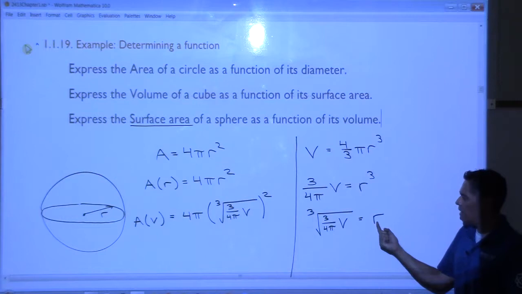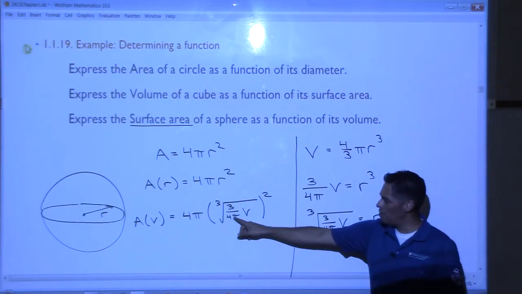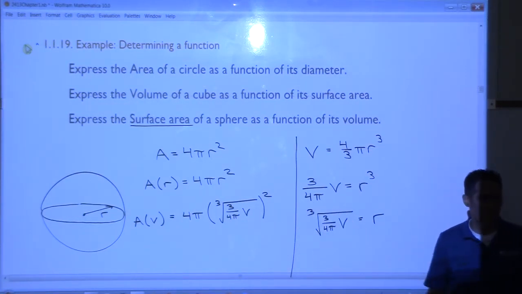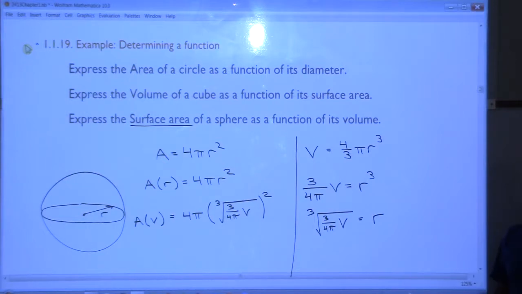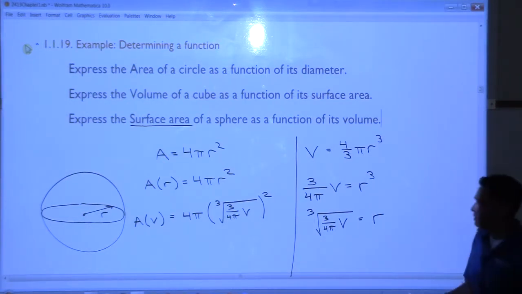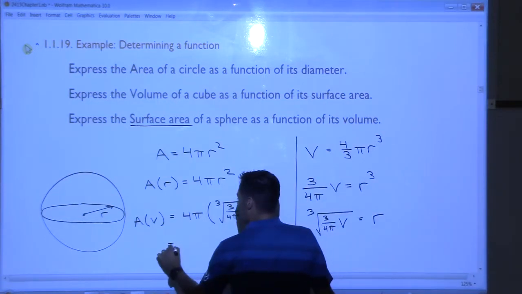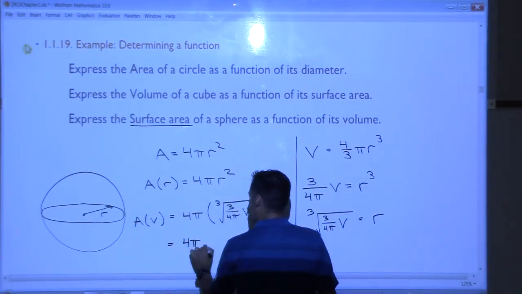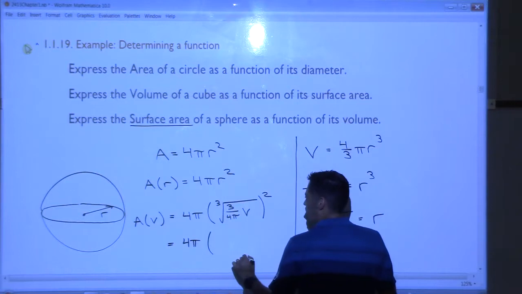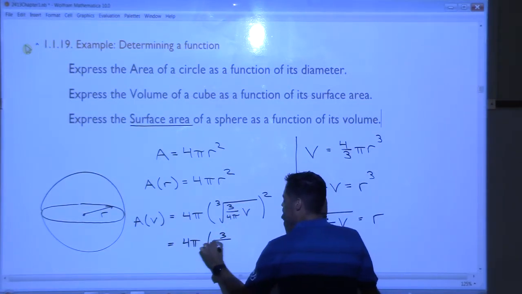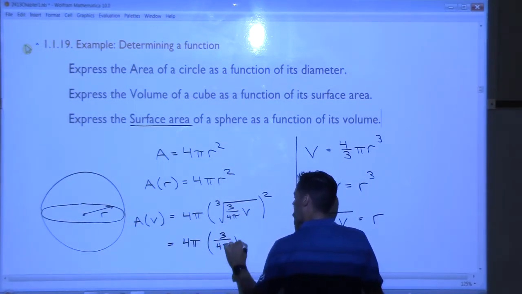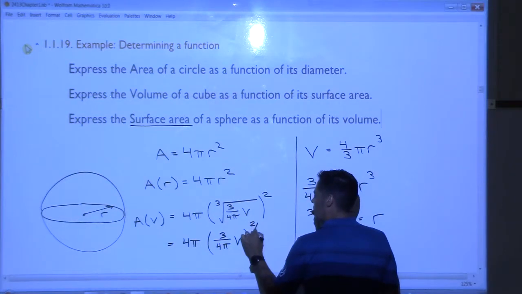Okay, so I just took my r and replaced it. There it is. And we can clean that up a little bit more, right? How about that cube root squared thing again? Can't we clean that? So we get something like 4 pi, all of this stuff raised to the 2/3.